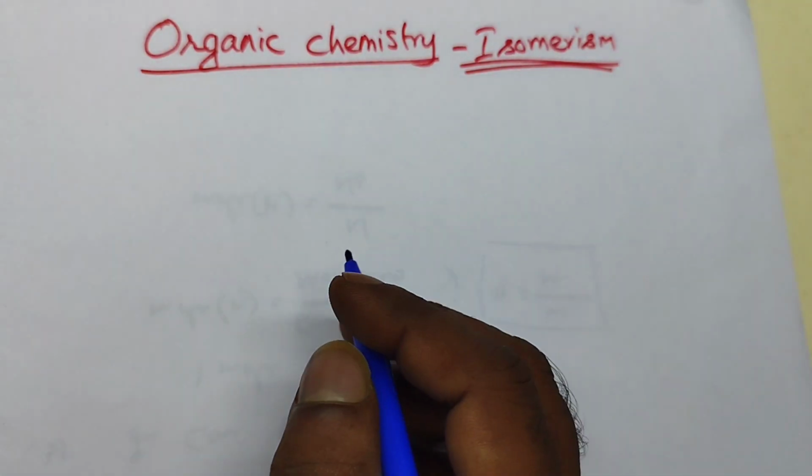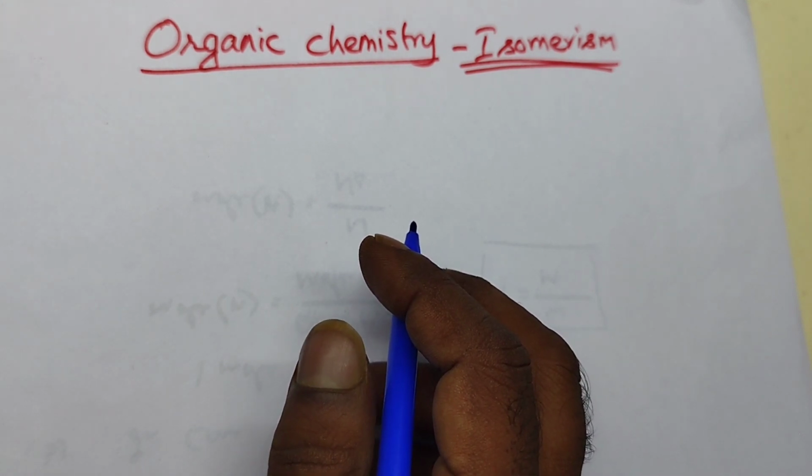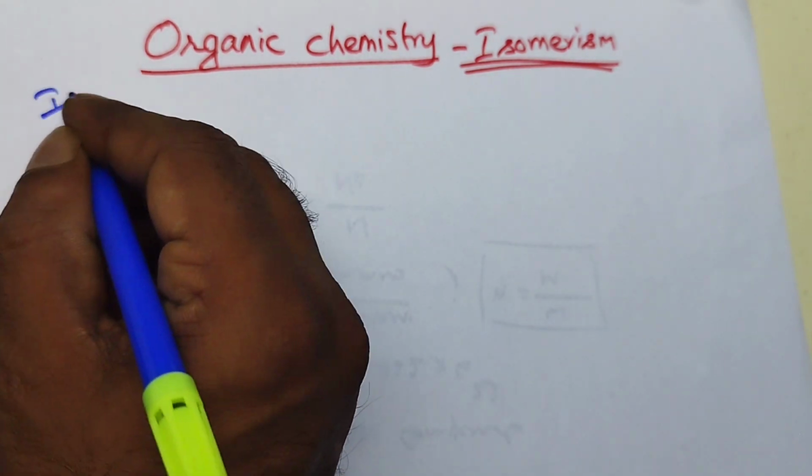In organic chemistry, one of the most important characteristics of organic compounds is their ability to show isomerism. So what is meant by isomerism?